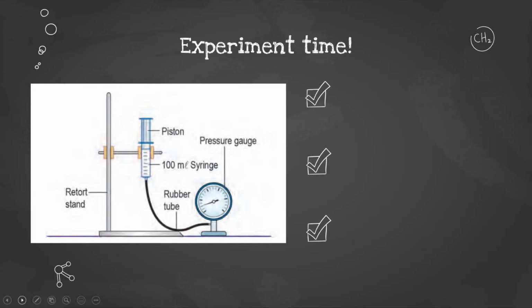Jadi apa yang kita buat ialah kita ada piston. Piston ni macam shrink tu lah, and then kita ada pressure punya meter, which is kita panggil as pressure gauge. Okay, pressure gauge dalam ATM selalunya.